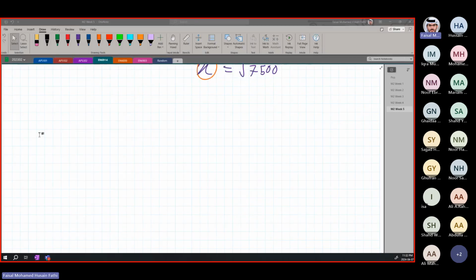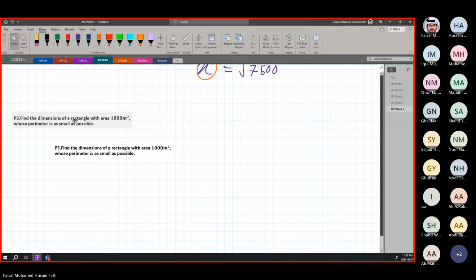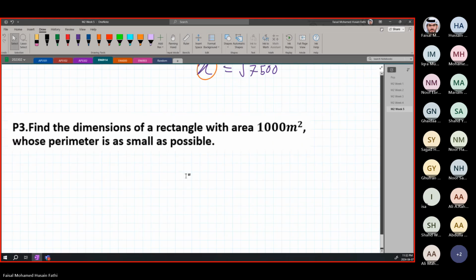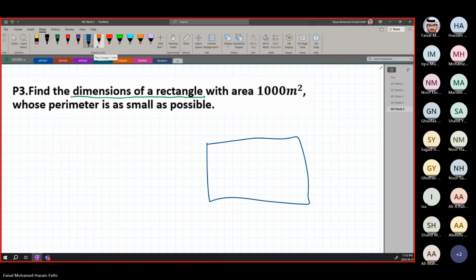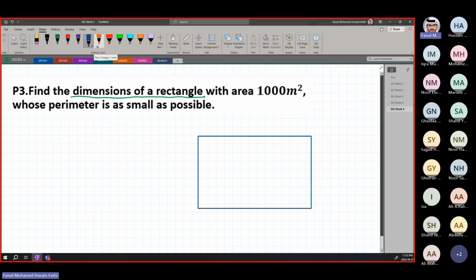So let's see this question. Find the dimensions of a rectangle. So we need to find the dimensions of a rectangle. First thing I'm going to do is draw a rectangle, and then a length and a width.